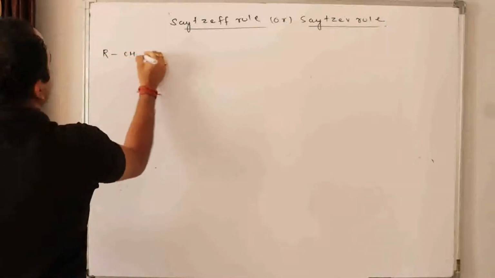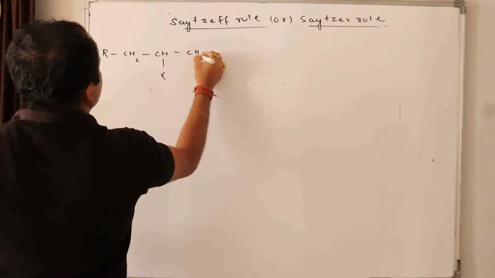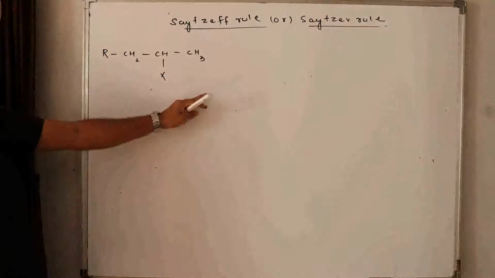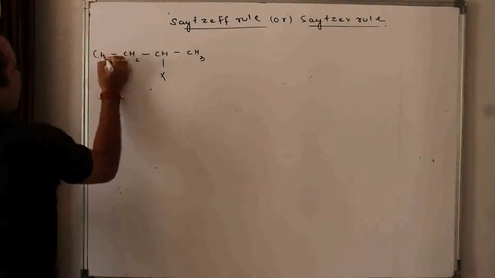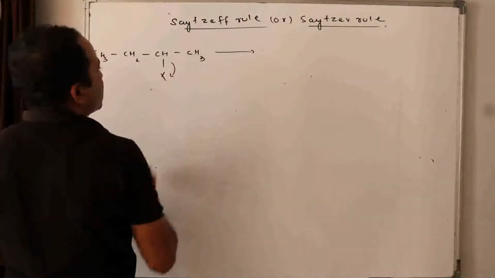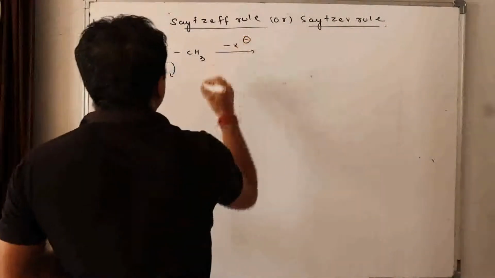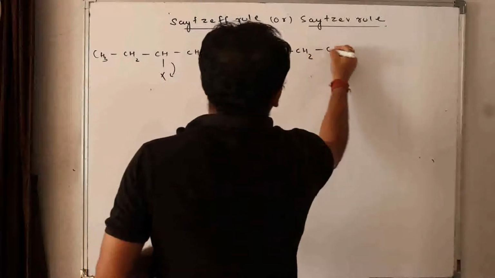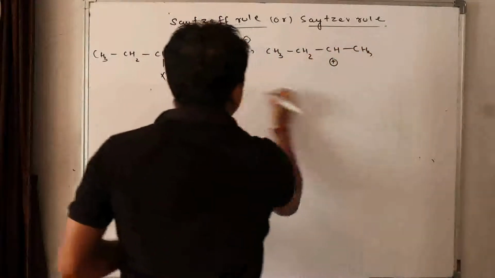For example, if I take here R CH2 CH X CH3. Clear? In this case, let me take here a CH3 so that it will be more clear. In the first step, what will happen? X is removed as X minus, and it forms CH3 CH2 CH plus CH3.